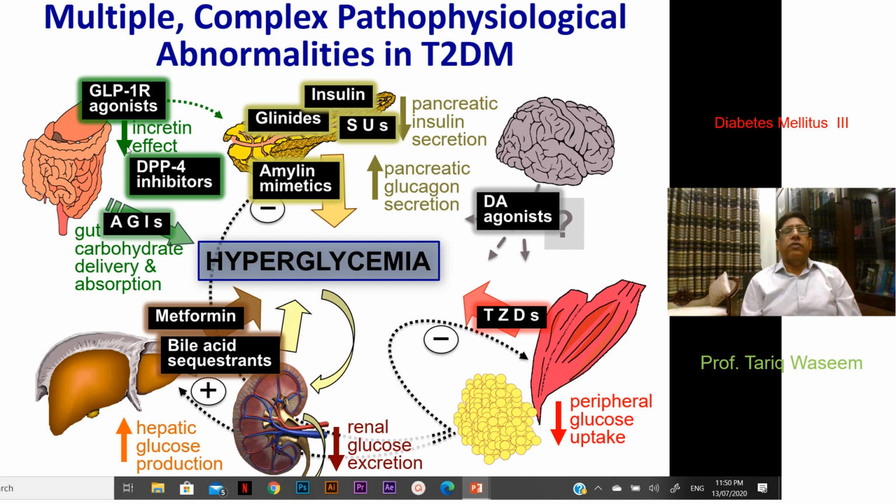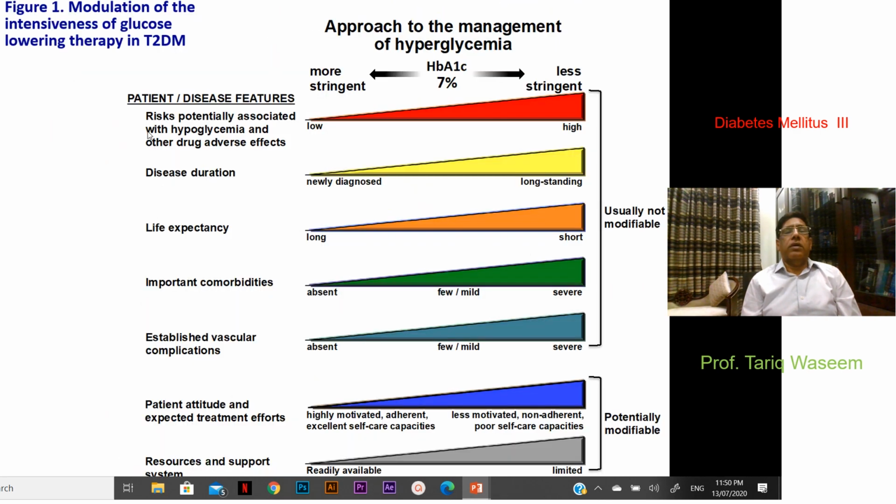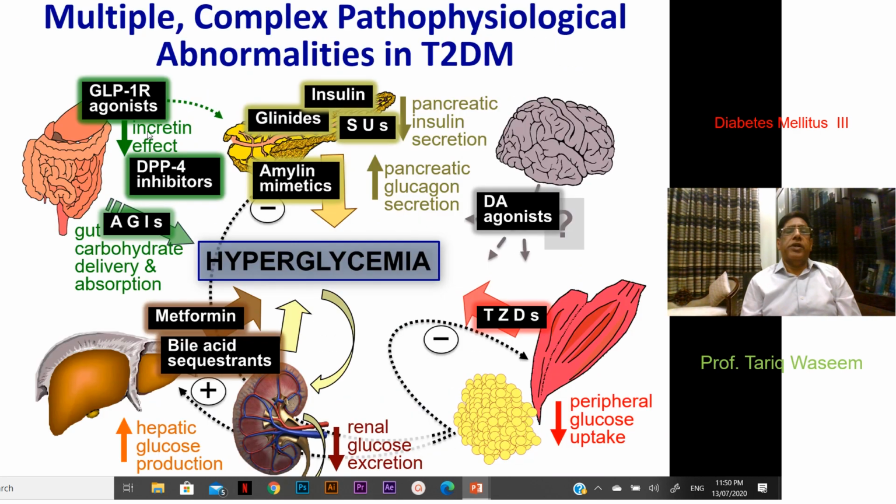These are the ones which act primarily on the gut, where they can lead to an increased release of incretin, or decreased degradation of incretin, or less absorption of glucose from the gut, and of course sometimes controlling the gut motility and increasing the gut filling effect.